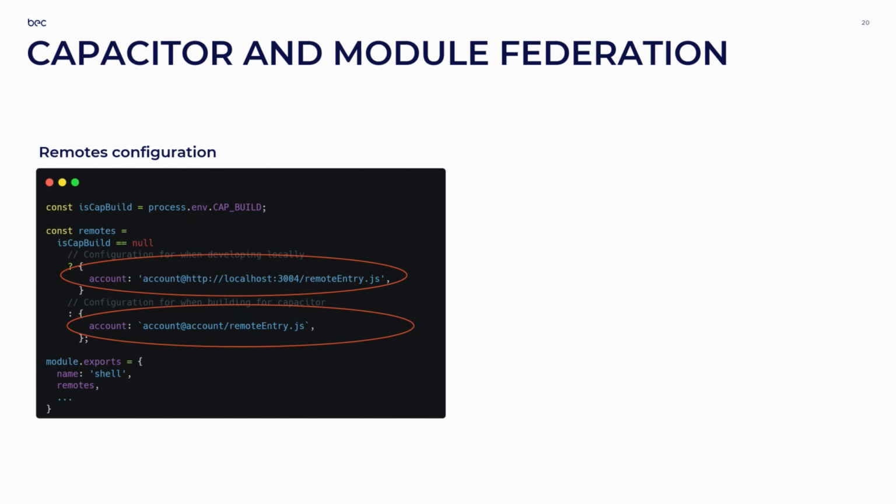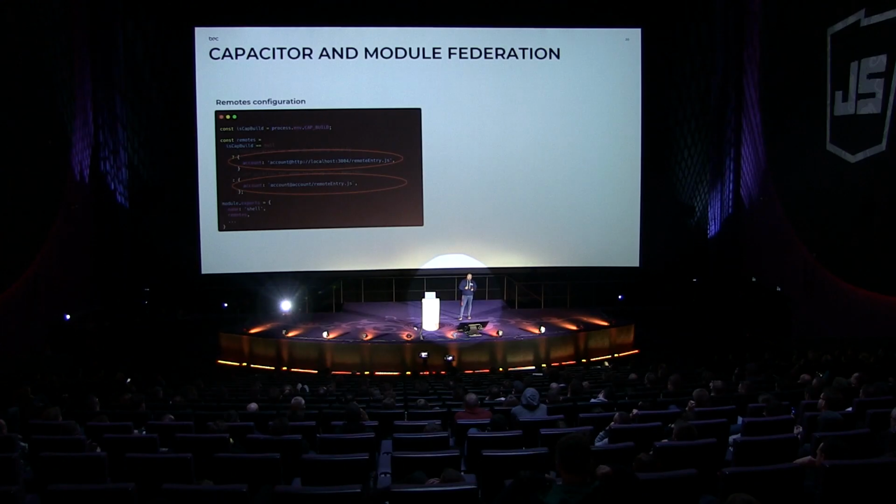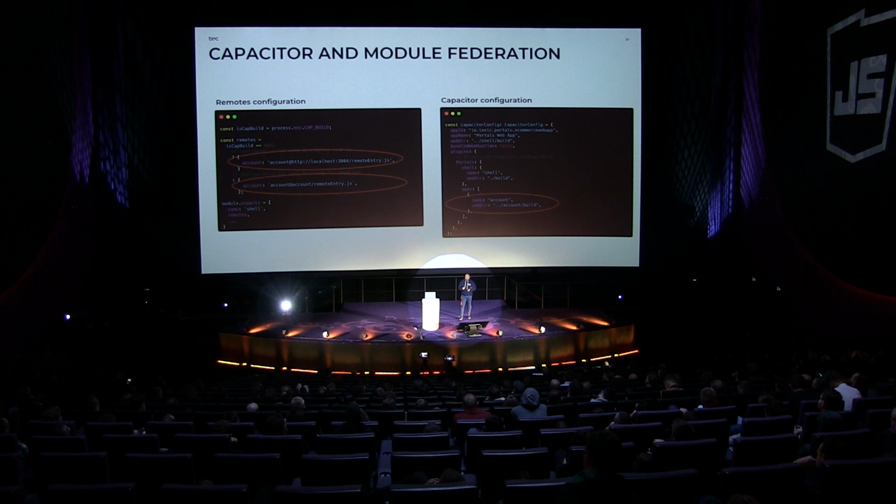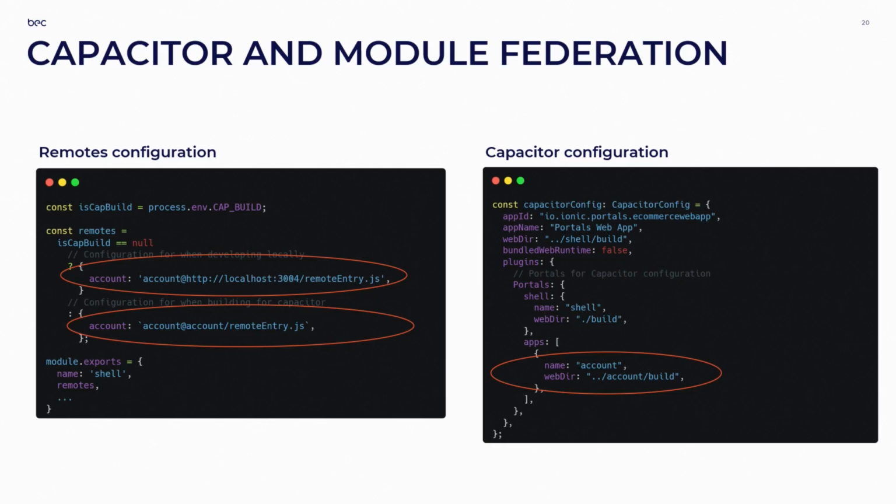There is a definition for your local development and also for your production build. You also need a Capacitor configuration that tells it on which path in your mobile application a given micro frontend should be loaded. It requires you to build those micro frontends early and deploy them separately, but then you can use them within your native application.